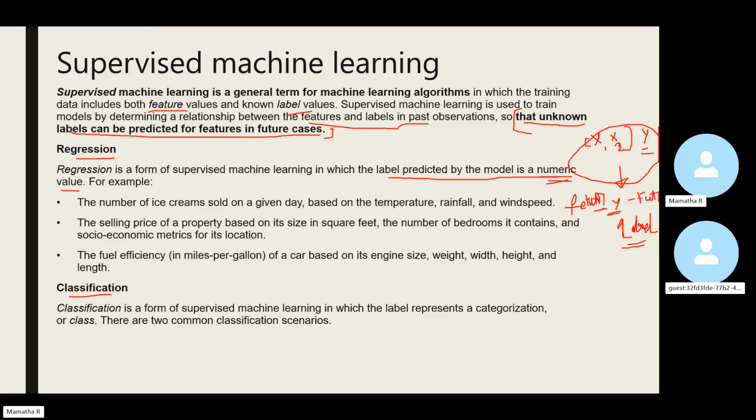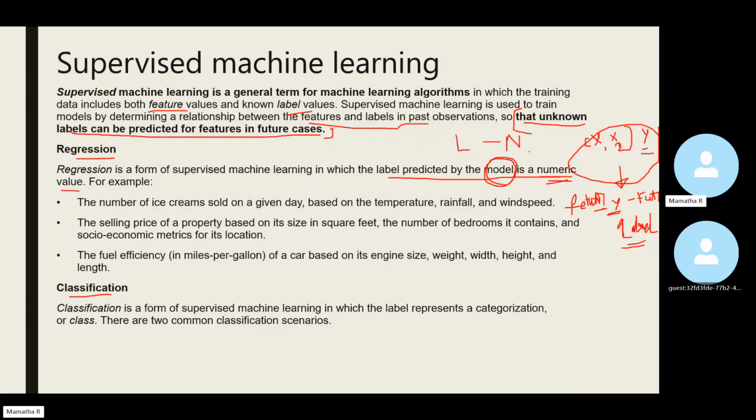Whatever label I predict with the specific model, which is the already trained model I'll be using, will give me a numeric value as the outcome. When the label is numeric, it is called a regression model.